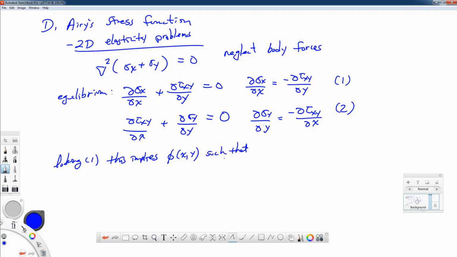We have a potential function where these stresses are derivable from that potential function. So sigma x would be the partial derivative of phi with respect to y, and minus tau xy would be equal to the partial derivative of that same function with respect to x.